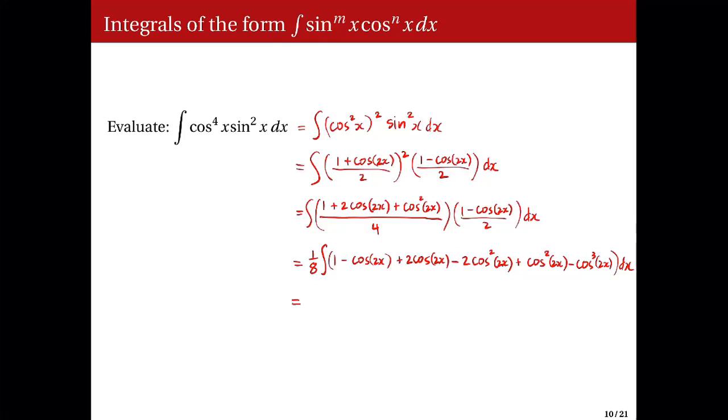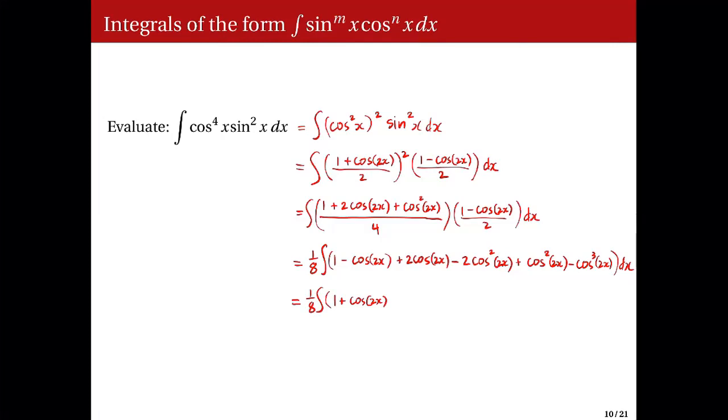Okay, so we simplify this. We have 1 over 8 integral of 1. And then this guy here minus cosine 2x plus 2 cosine 2x, so plus cosine 2x. Here you have minus 2 cosine squared 2x plus cosine squared 2x.